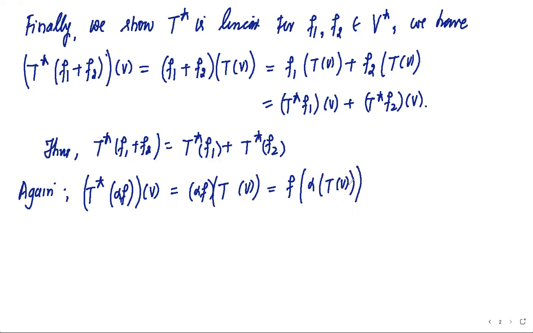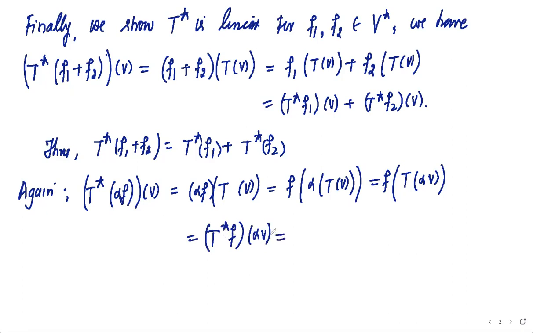Now, since T is linear, we can use that property here. So this is T of alpha v. But now, by definition of the linear operator T star, because we have defined T star of f is equal to f of T, this is equal to T star f of alpha v. But we have already seen that this T star f is a linear map.